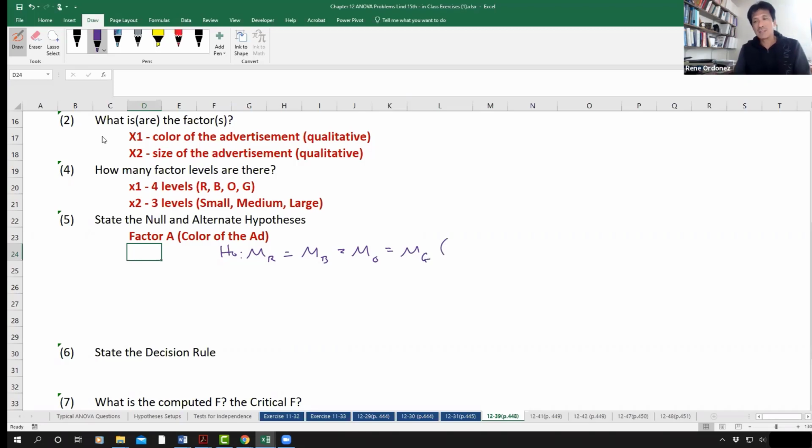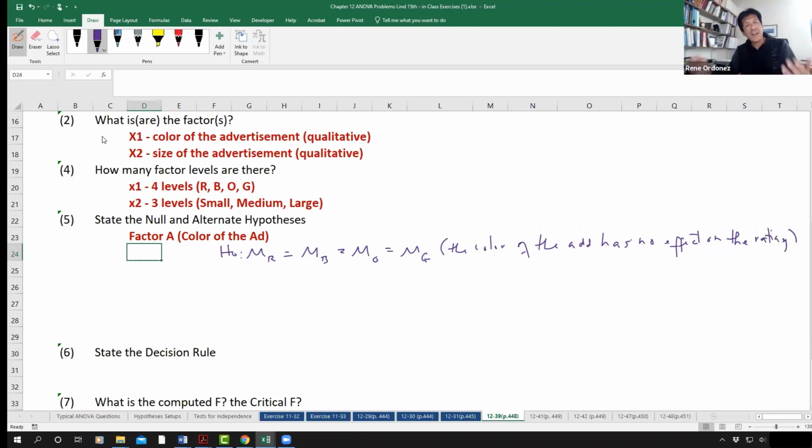Okay, translation: the color of the ad has no effect on the rating.